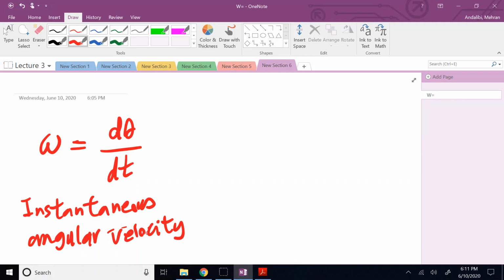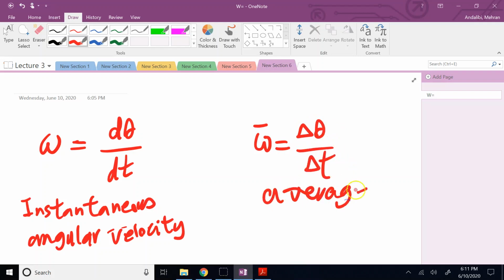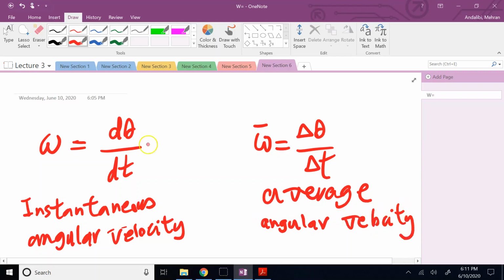We can similarly define average angular velocity, which is delta theta over delta t. Similar to v and v bar, now we can define omega and omega bar. So this is the limit of omega bar as delta t goes to 0.